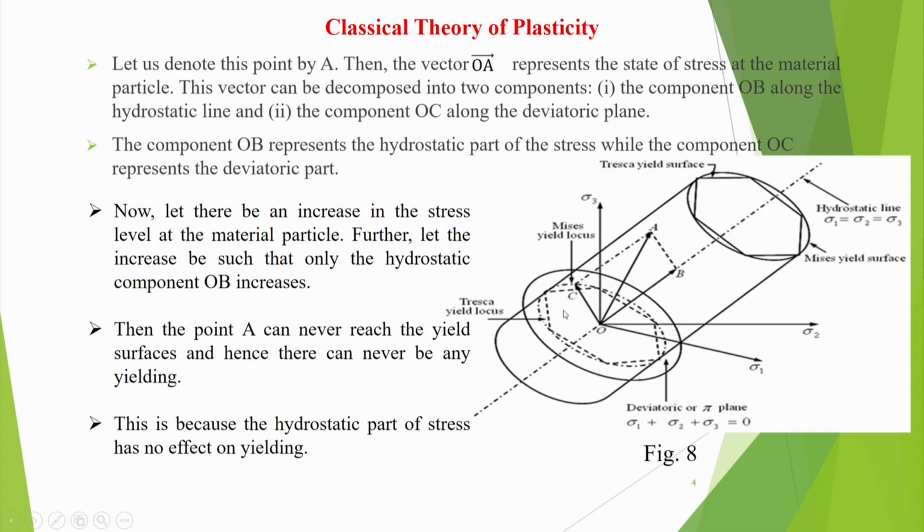Now, let there be an increase in the stress, but let the increase be in the direction OB, that means the hydrostatic part increases. You will see in that case point A will never reach the surface, it will only remain inside, and then it cannot cause any yielding, because the hydrostatic part of stress has no effect on yielding.